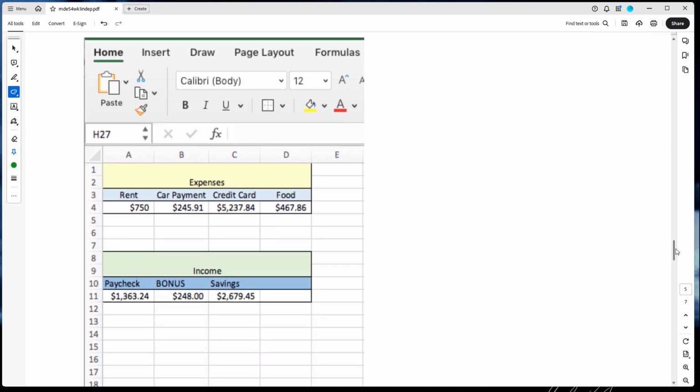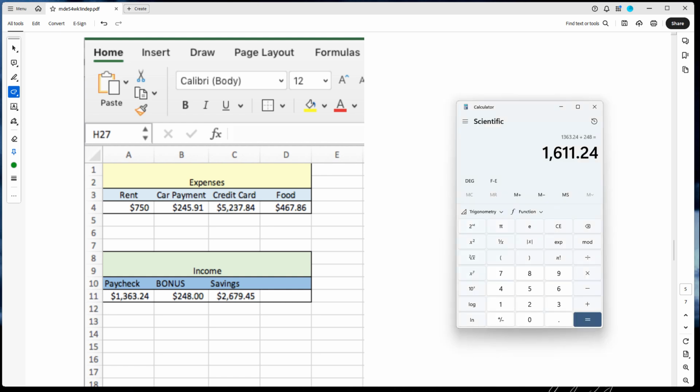You see their rent, car payment, and the food. And that's our income. So I can do minus 750.